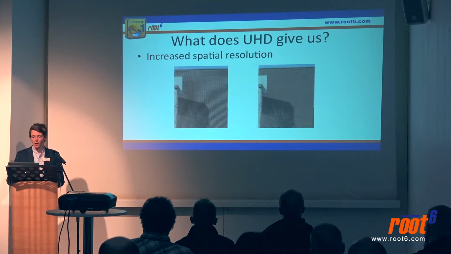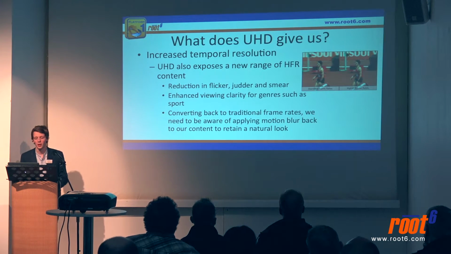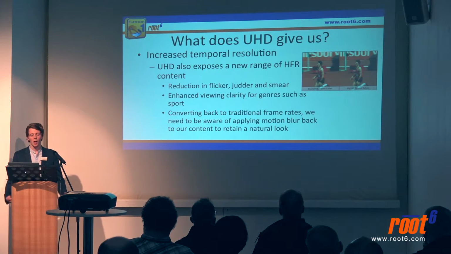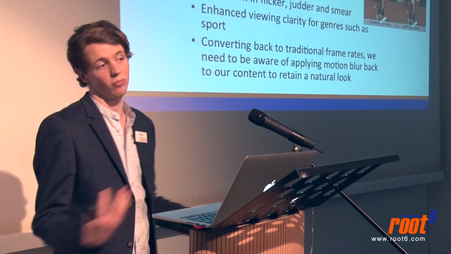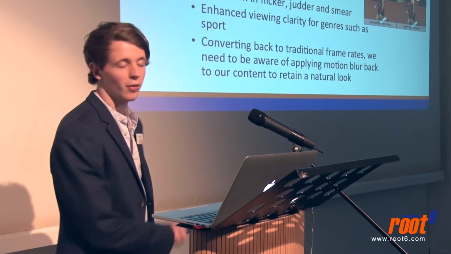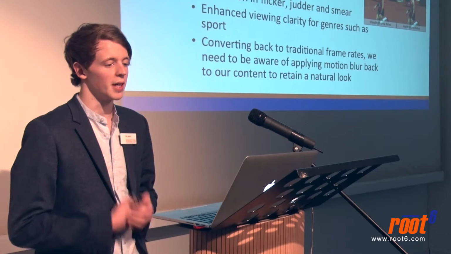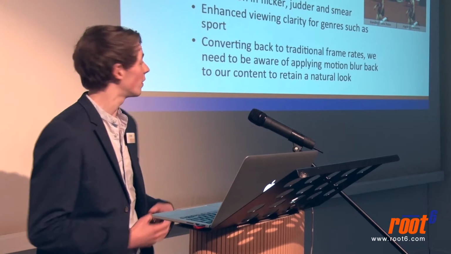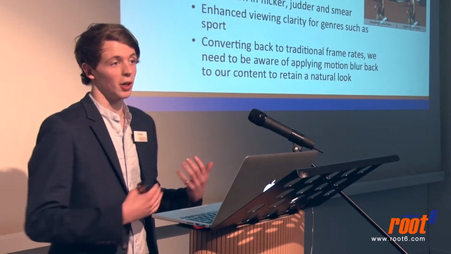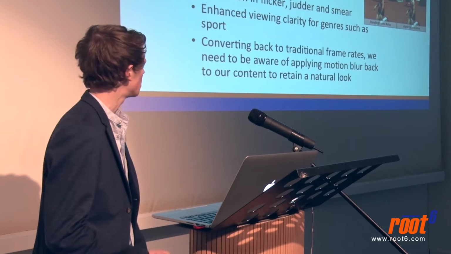So that's great. We've got increased spatial resolution, but with our HFR, we've also got increased temporal resolution. As I alluded to earlier, UHD frame sizes bring up a whole set of new problems, or they're problems that still exist in HD frame sizes, but they augment them. With high frame rates, things like flicker and judder and smear are something that we can reduce, and those problems manifest themselves much more obviously at larger frame sizes.